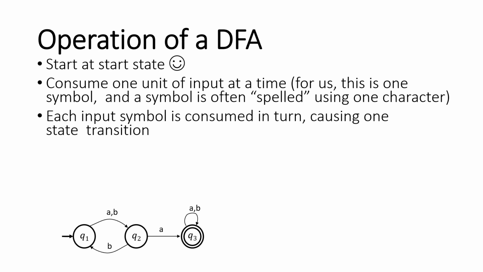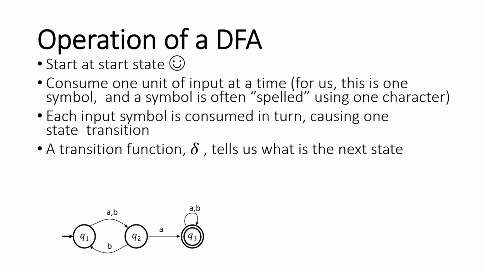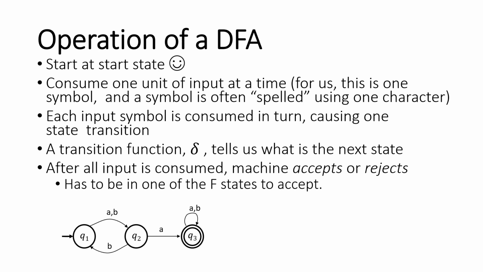Each of these input symbols causes a state transition. So if I see the letter A and I'm at Q1, I'm going to go from Q1 to Q2. A transition function, delta, tells us what the next state is. And after all the input is consumed, the machine either accepts or rejects. It has to be in one of the F states for that to happen.